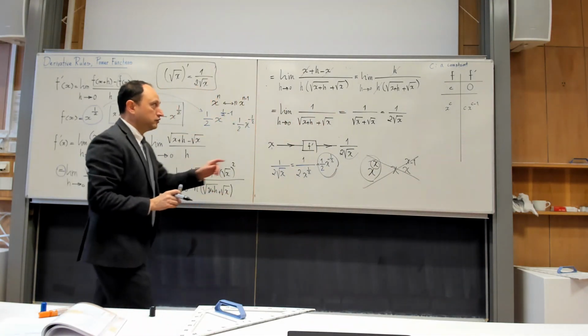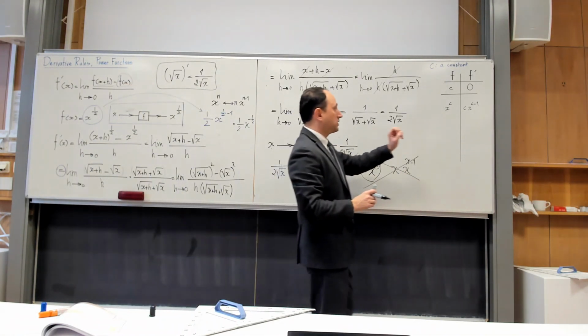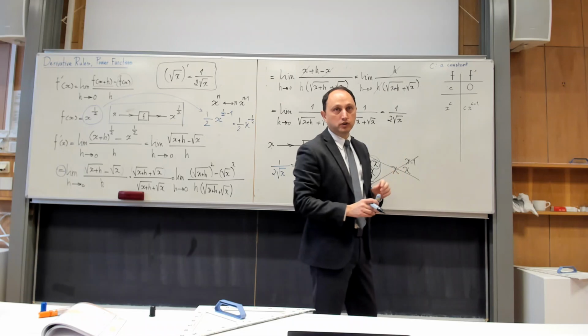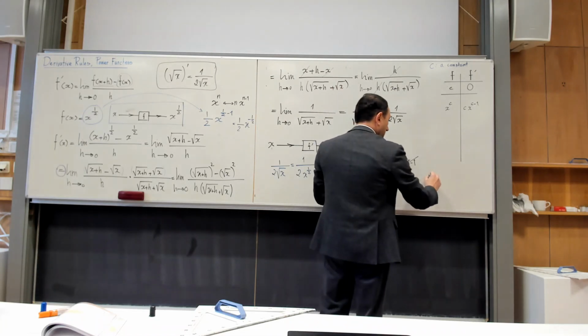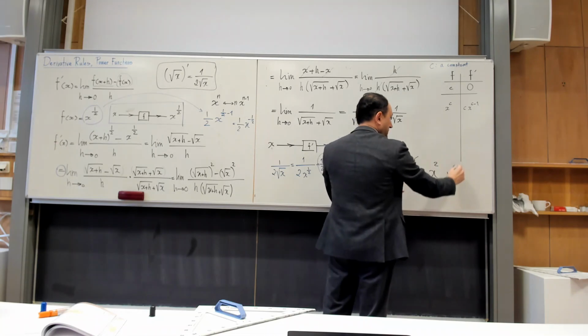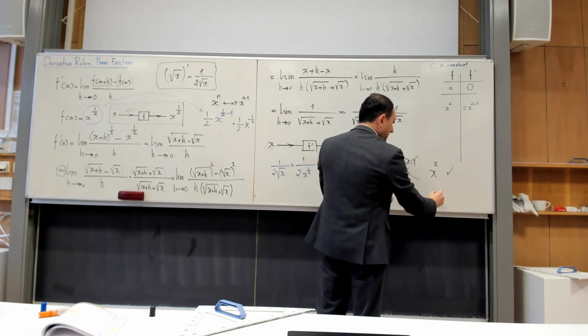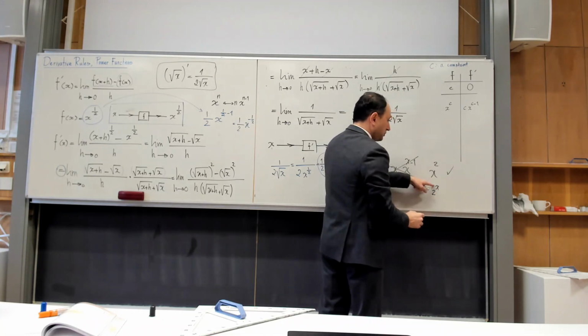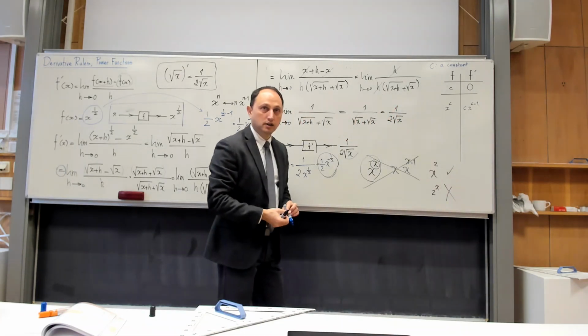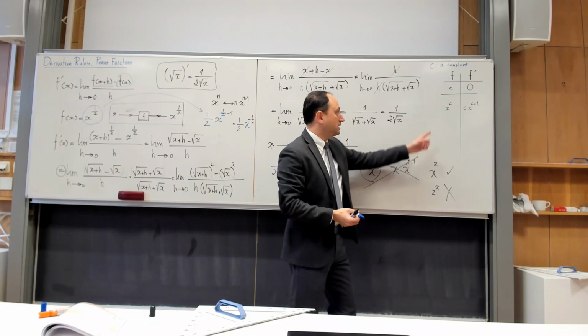So be careful. This formula only works if x is in the base and a constant is in the exponent. If I ask you, do you know the derivative of this according to the formula? You would say yes. If I say, do you know the formula for 2 to the power x? Still no. We will also study this one this year. But this is not following the same rule.